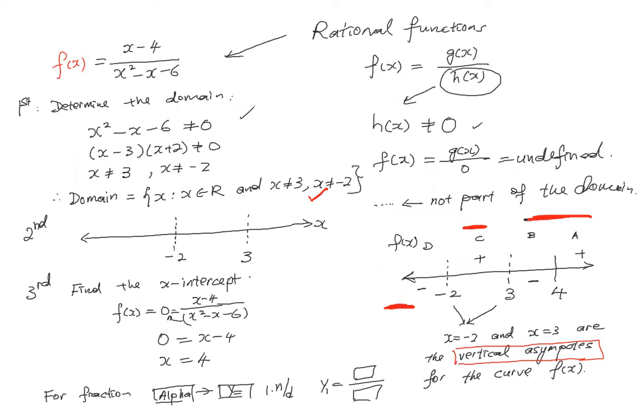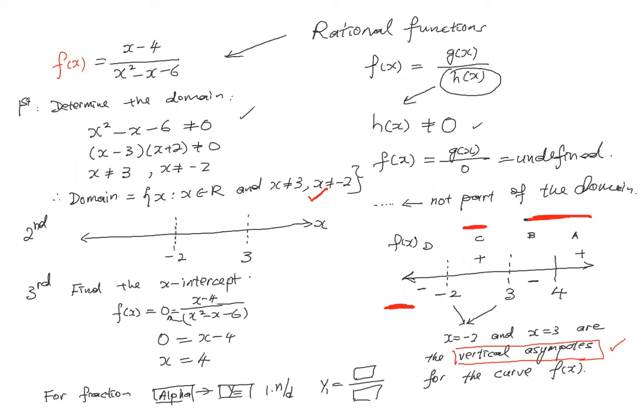So new term. Have you heard of this before? No. So vertical asymptotes are the x values that are not part of the domain of the function. It is a specific value of x which is not part of the domain. That is called the vertical asymptote. Can or not?